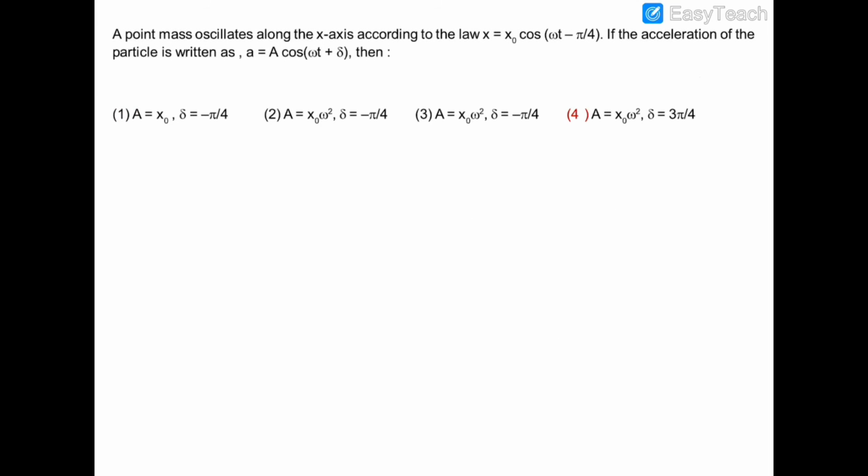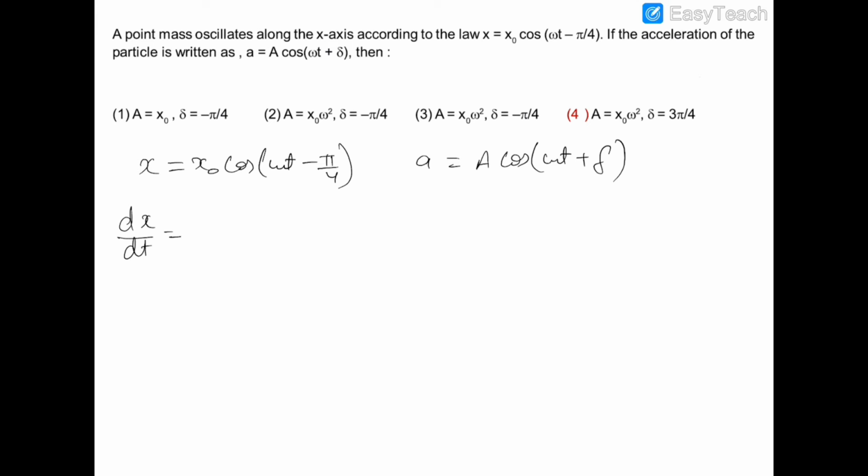In this question, the equation of SHM of a particle is given as x is equal to x naught cos(omega t minus pi by 4), and the acceleration of the particle A is given as A cos(omega t plus delta). Now you can find the acceleration by double differentiating the displacement.